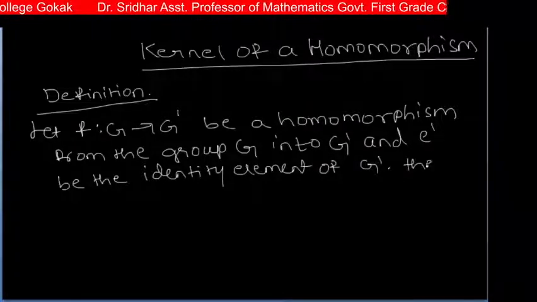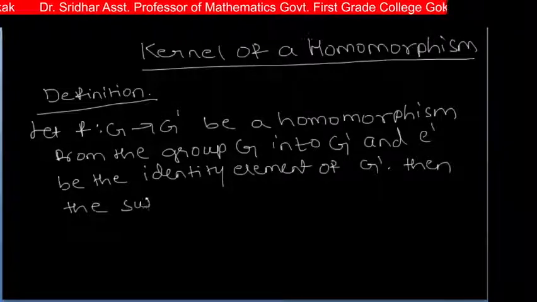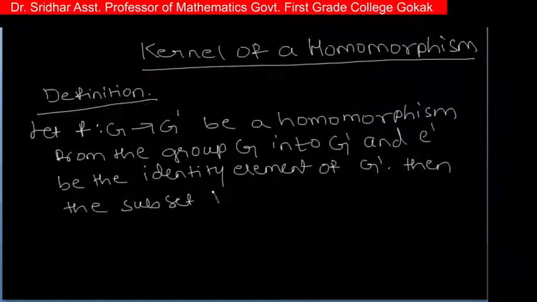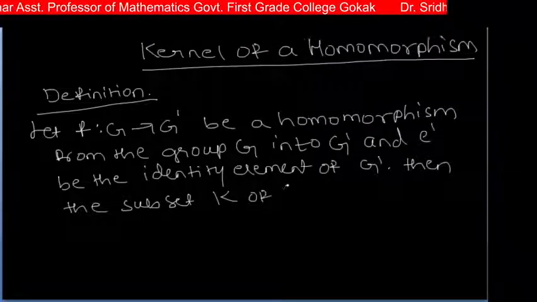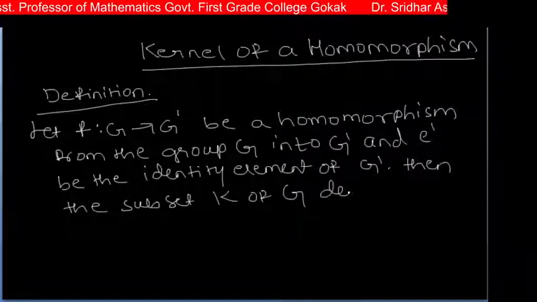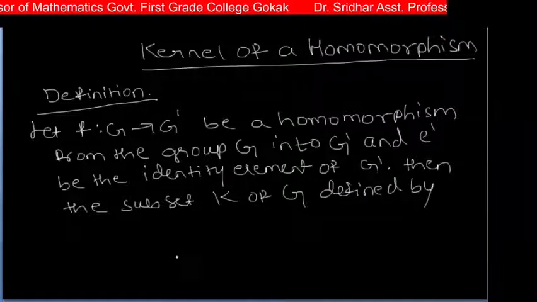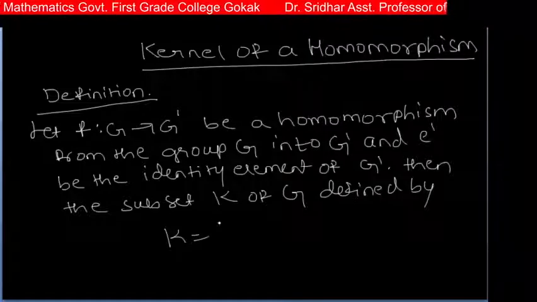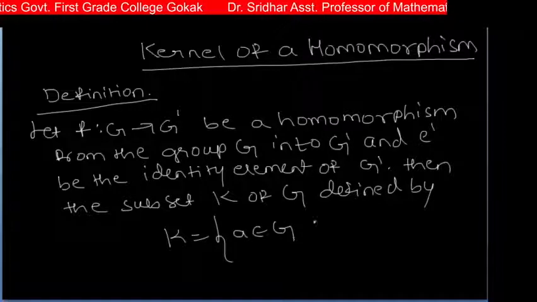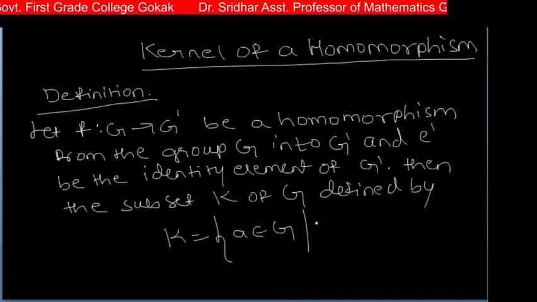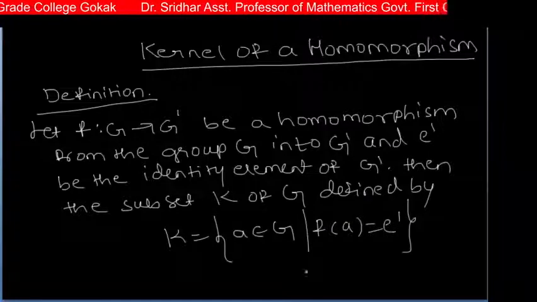Then the subset K of G defined by K is equal to A belongs to G such that f of A is equal to E dash.